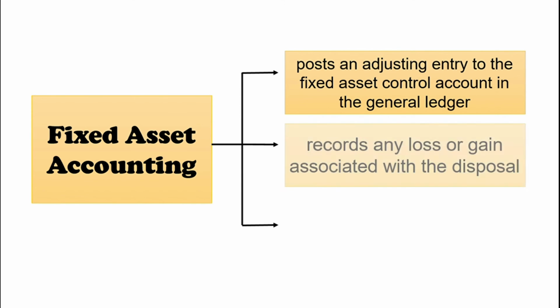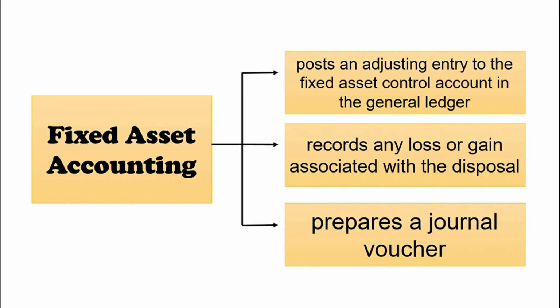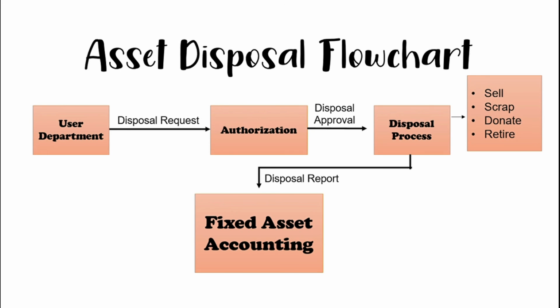Second, records any loss or gain associated with the disposal. And third, prepares a journal voucher. A fixed asset status report containing details of the deletion is sent to the fixed asset department for review. After, the fixed asset department will post a journal voucher to the general ledger.